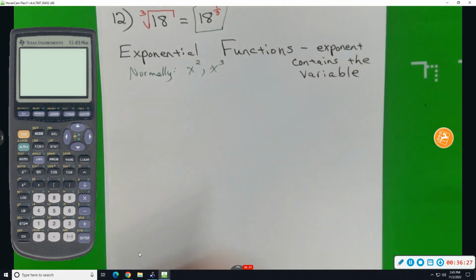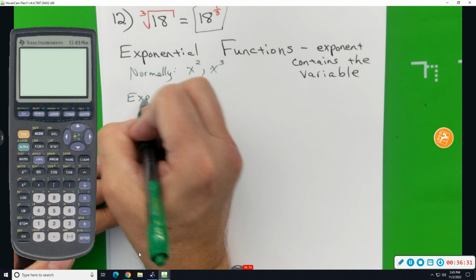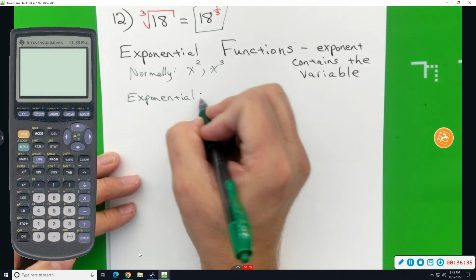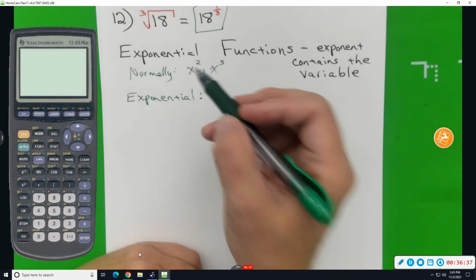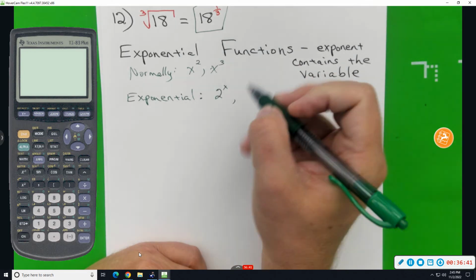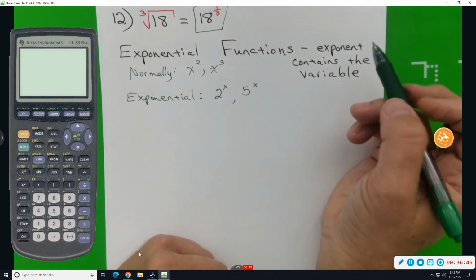So an exponential expression would look something like, instead of x cubed, something like 2 to the x, or 5 to the x.